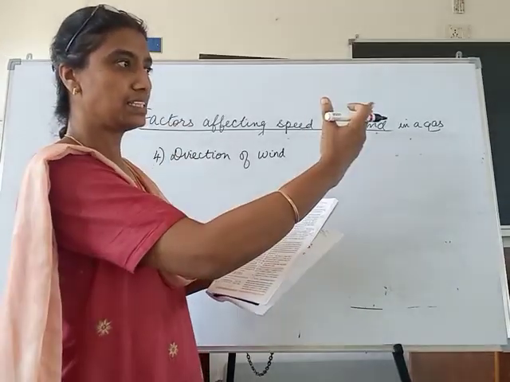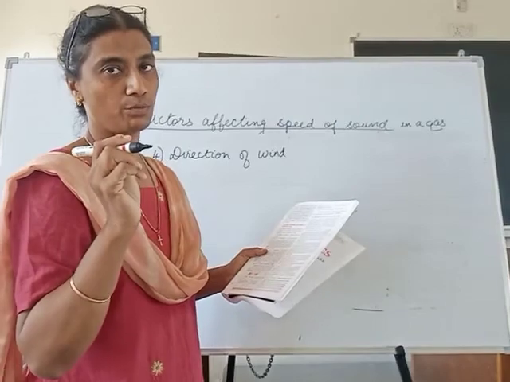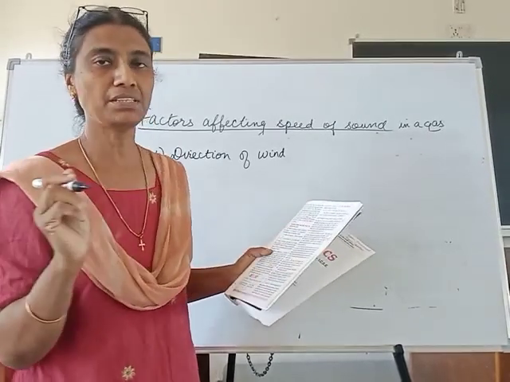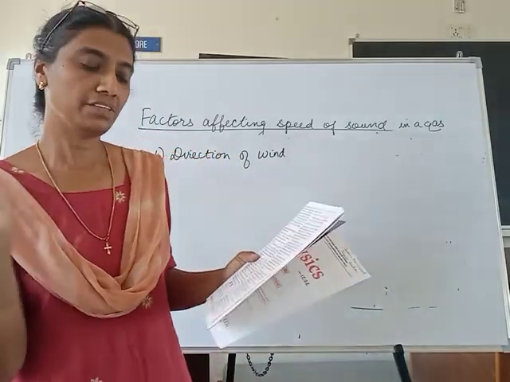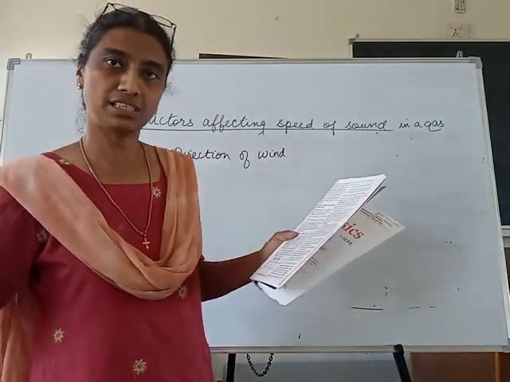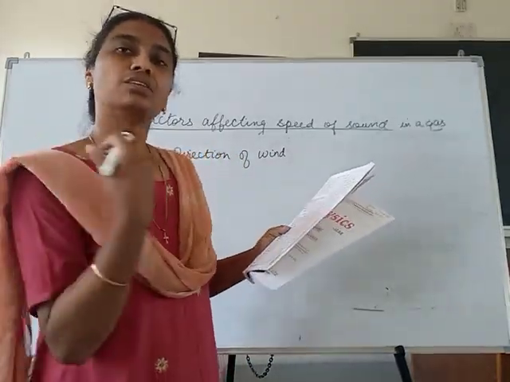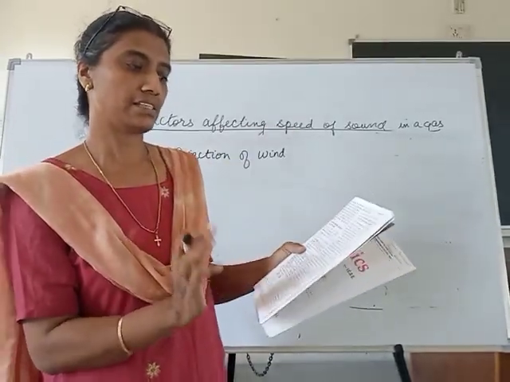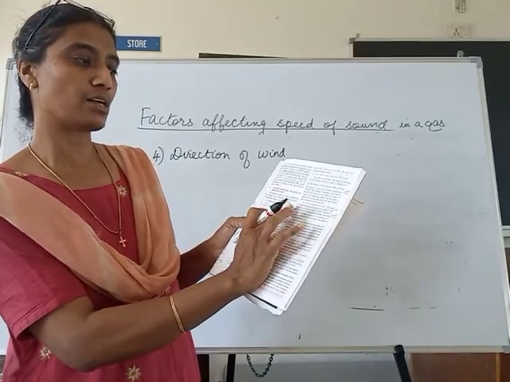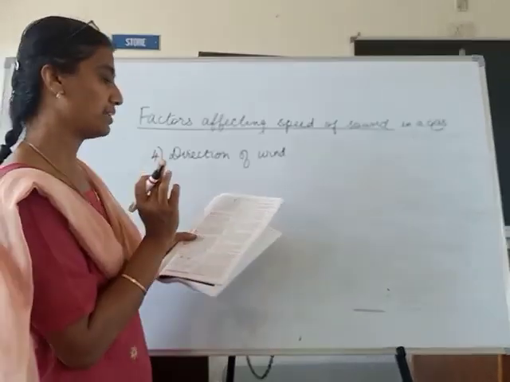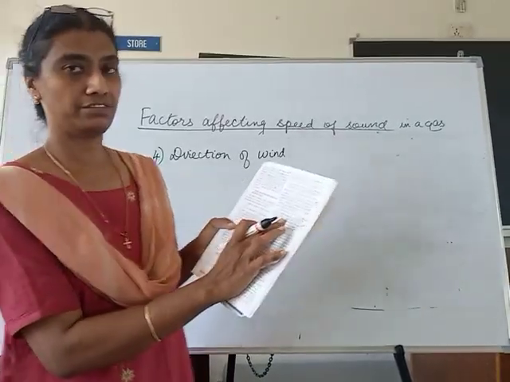Now, I am speaking in this direction, wind is blowing in the opposite direction. Then what will happen? Speed of sound tends to decrease, because wind will carry some of the sound in this direction. So, this side speed will decrease. So what is the conclusion? Speed of sound increases or decreases according to direction of travel of wind.